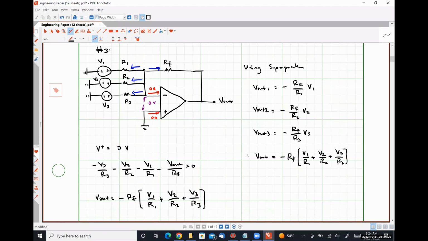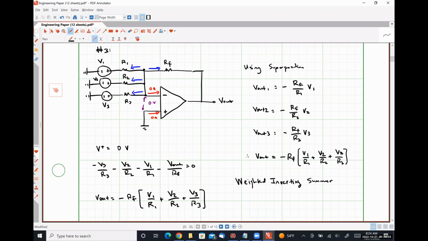This circuit is what's called a weighted inverting summer or a weighted inverting adder. So this is how addition is performed using an op-amp. We have multiple input signals applied to the inverting input terminal through that simple resistor network there.